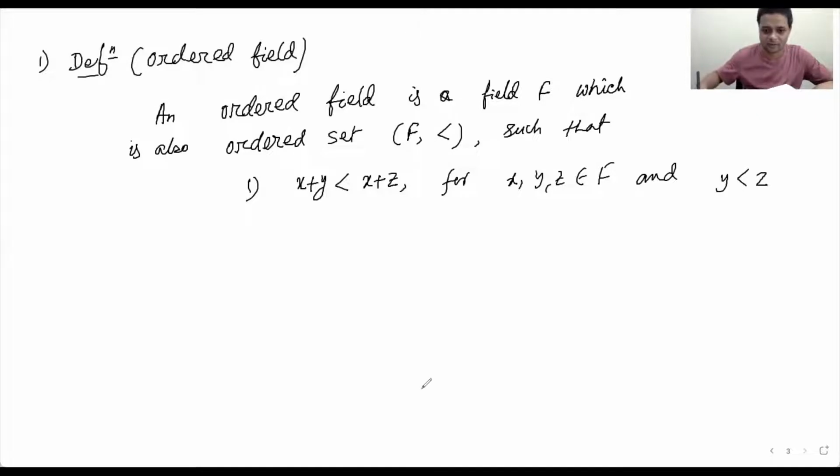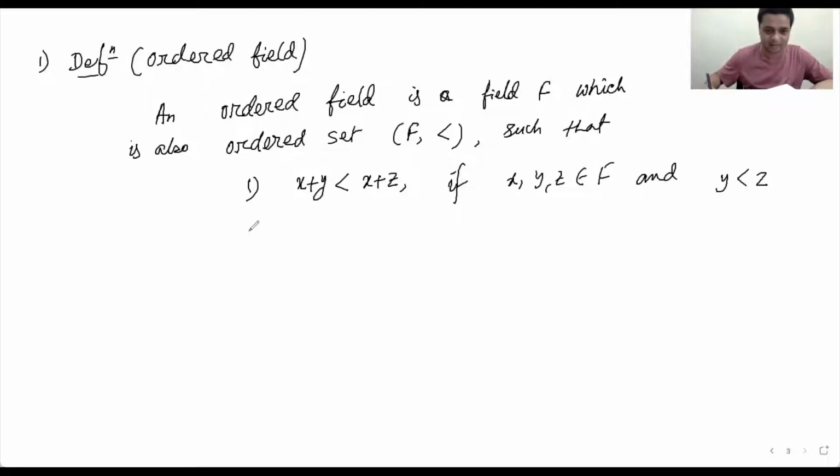Instead of for, let me write if. So this inequality holds true if x, y, z belong to F and y less than z, then x plus y is less than x plus z.